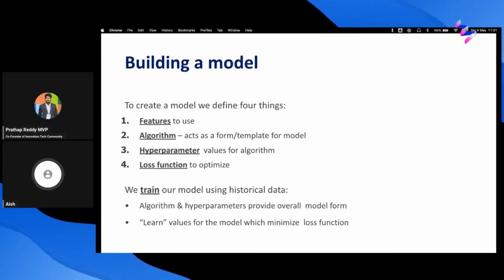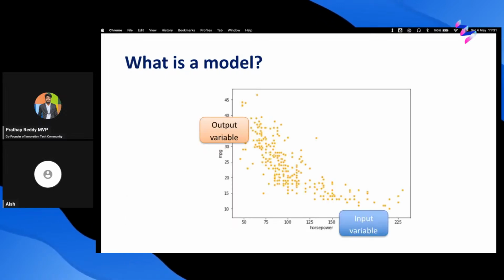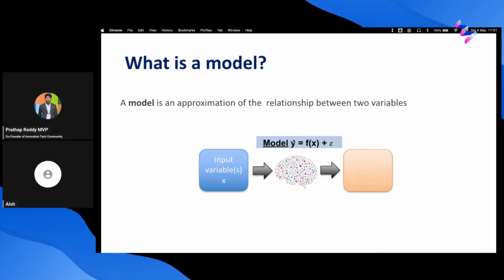The algorithm is like a template for the model. You remember we talked about how this relationship between y and x can be linear, can be quadratic, can be exponential, or many of those other kinds of functions which we have. This is what we mean by an algorithm.